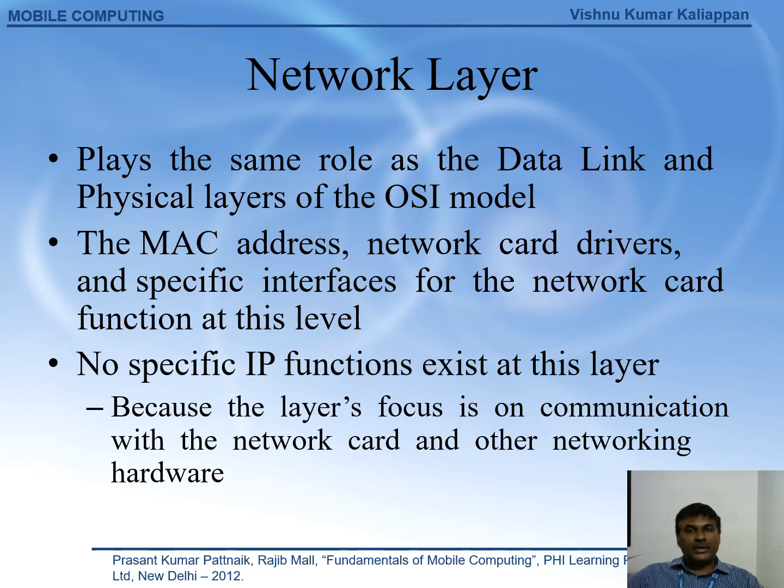The network layer plays the same role as the data link layer and physical layer of the OSI model. Mainly it uses the MAC address, and network card drivers and specific interfaces for the network card function at this level. No specific IT function exists at this layer, because the layer focuses on communication with the network card and other networking hardware.